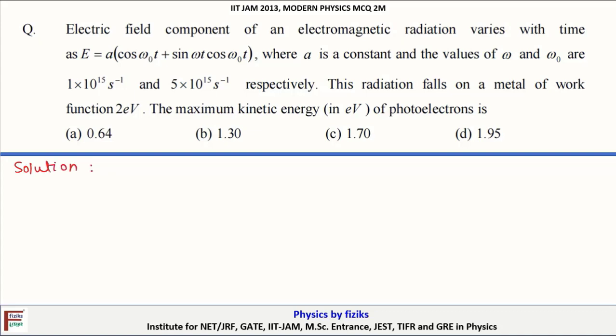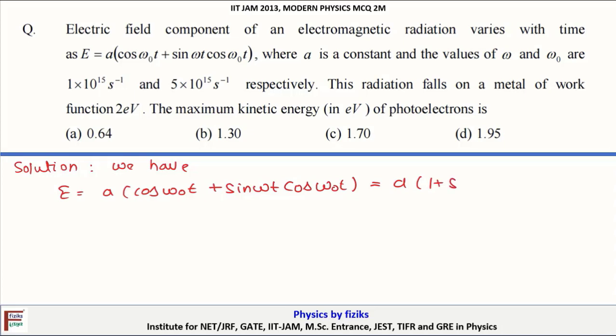Solution. We have E equals A cos omega naught t plus sin omega t cos omega naught t, which can be written as A into 1 plus sin omega t into cos omega naught t, or equals A prime cos omega naught t, where we have defined A prime equals A into 1 plus sin omega t.